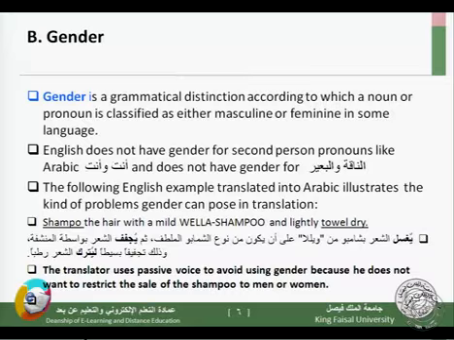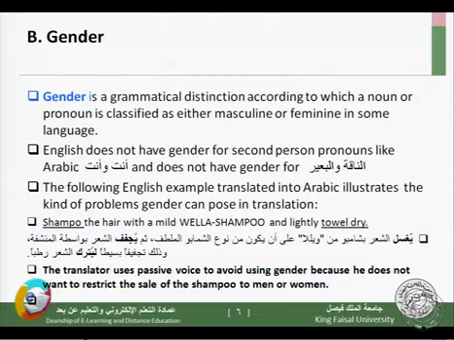Now we have this example. The following example, translated from English into Arabic, illustrates the kind of problems you would face when you are dealing with gender. Now, shampoo, this is an advertisement, or instructions, sorry.